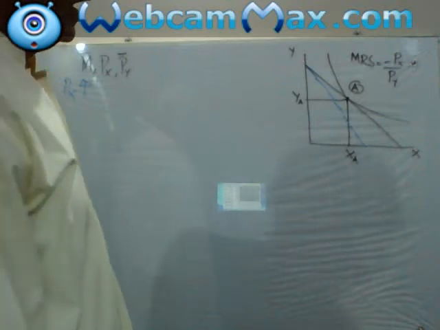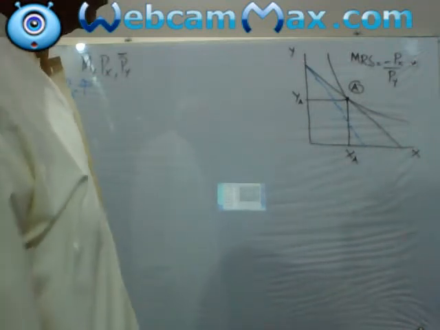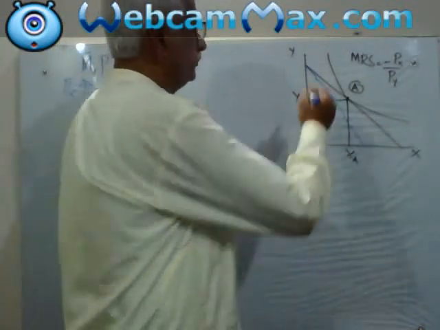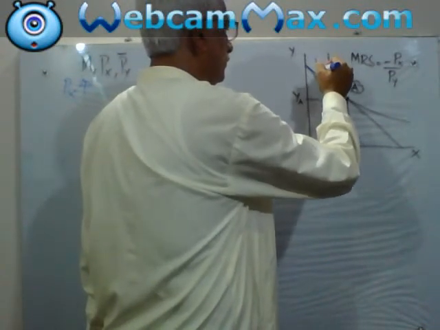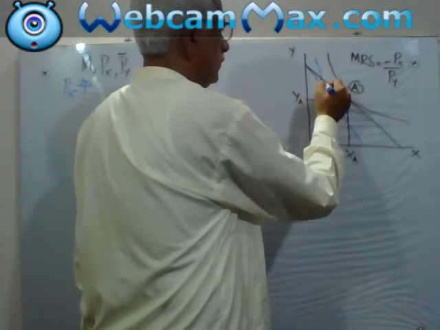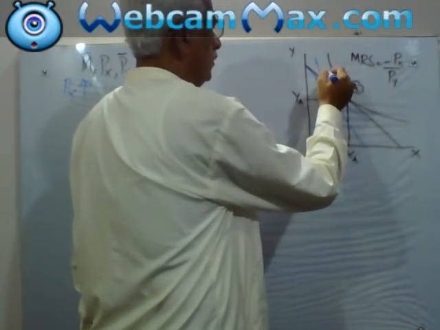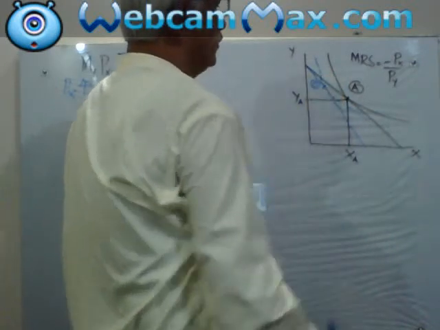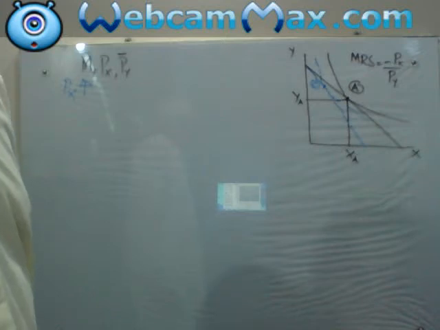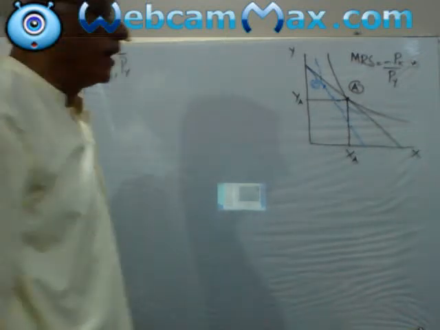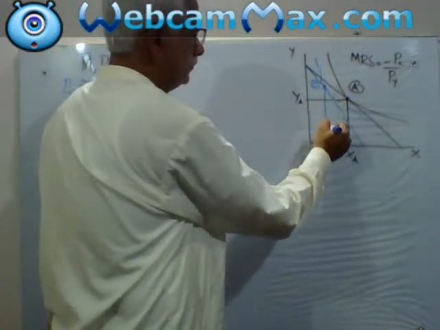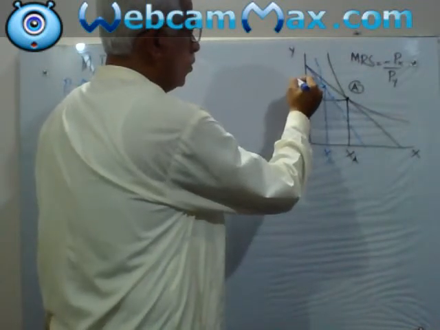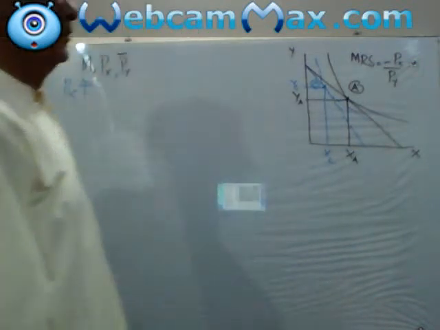Now suppose at the new price, and with given income and price of y, the new optimum point is somewhere here, which we call C. So the new optimum bundles are XC, YC. Okay.